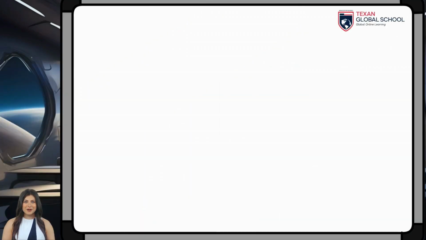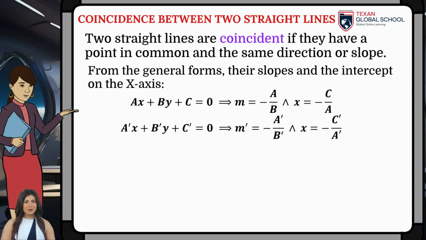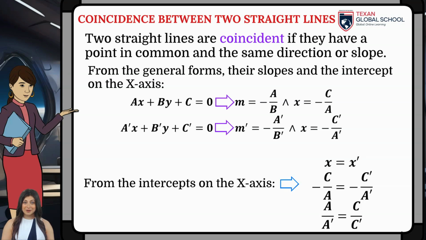Now, two straight lines coincide if they have the same point in common and the same direction or slope. From the general form of a line, we can determine its slope and intercept as seen in previous classes. The intersection or common point of the lines with the intercept on the x-axis, in such a way that we use equal value with the abscissa obtaining a/a' equals c/c'.